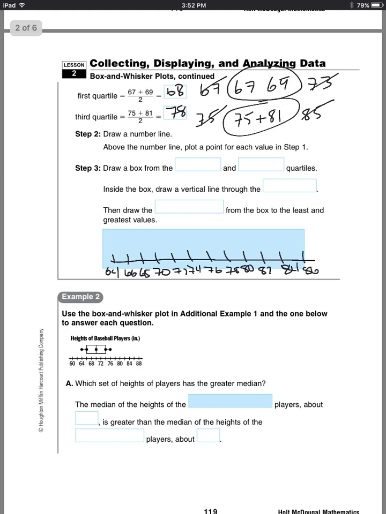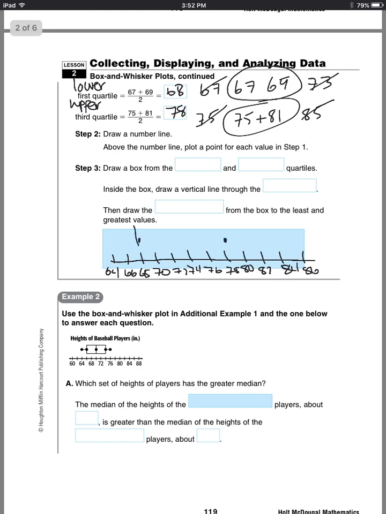Now we're going to draw a box from the lower and upper quartiles. If you remember, your first is your lower, your third is your upper. So, we're going to put a point at 68. We're going to put a point at 78.